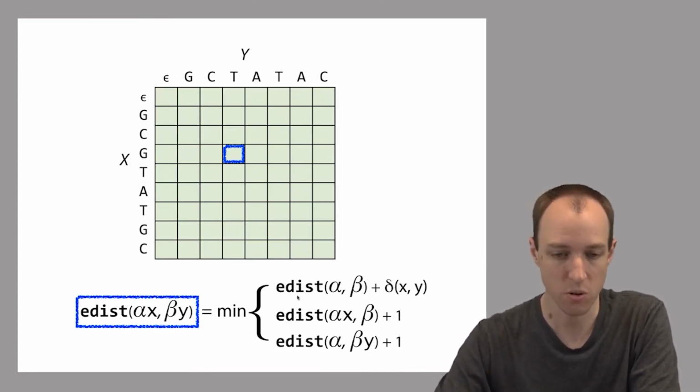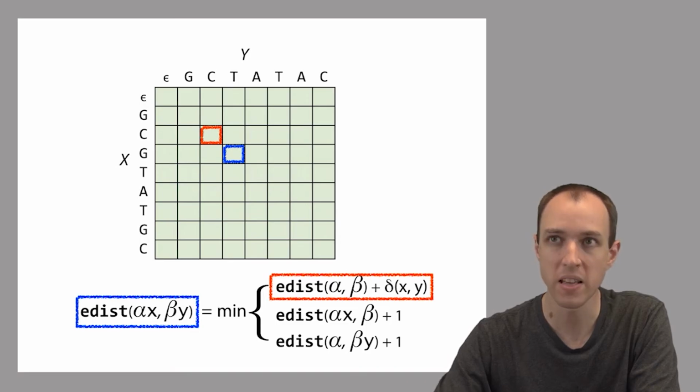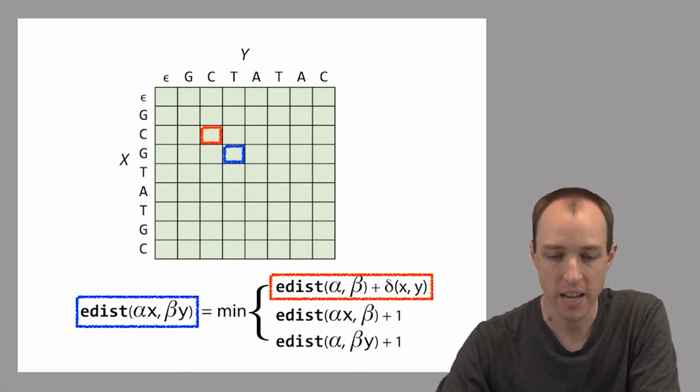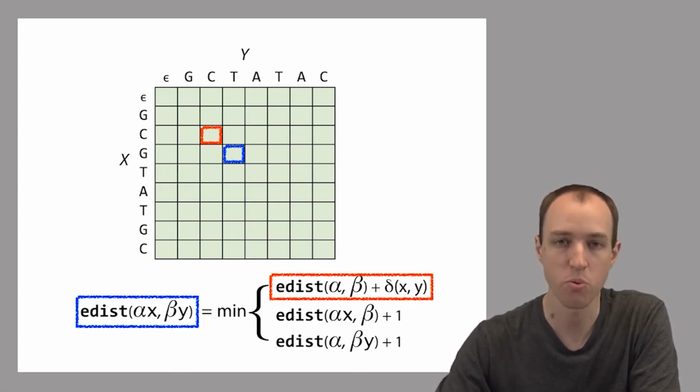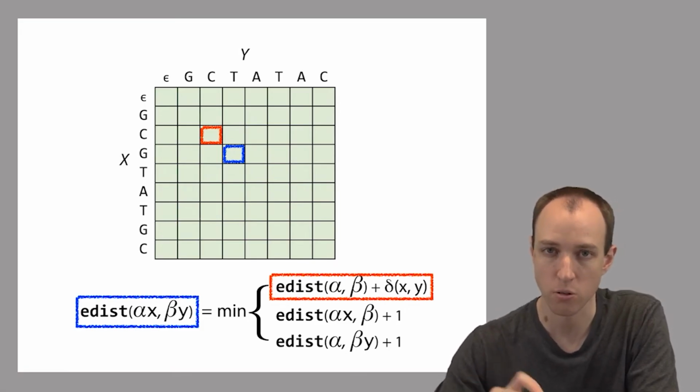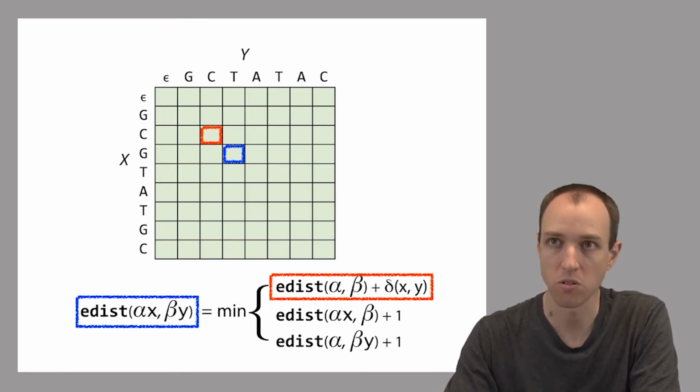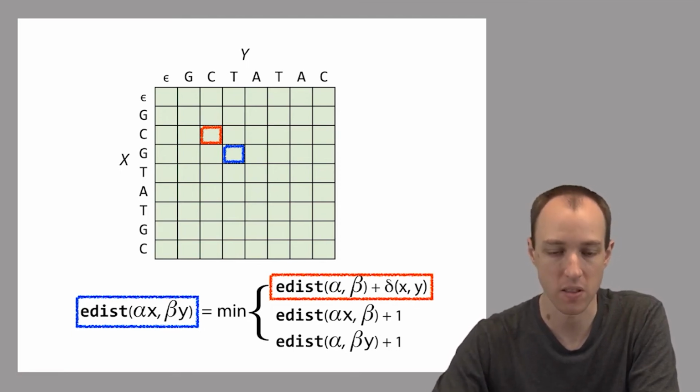The first case corresponds to the element that's above and to the left, diagonally from the element, because we're recursively calling the edit distance function with a prefix of the first string that's 1 character shorter, and a prefix of the second string that's 1 character shorter. So that term corresponds to shorter prefixes of x and y, shorter by 1 character, and that corresponds to the element of the matrix that's highlighted in red.